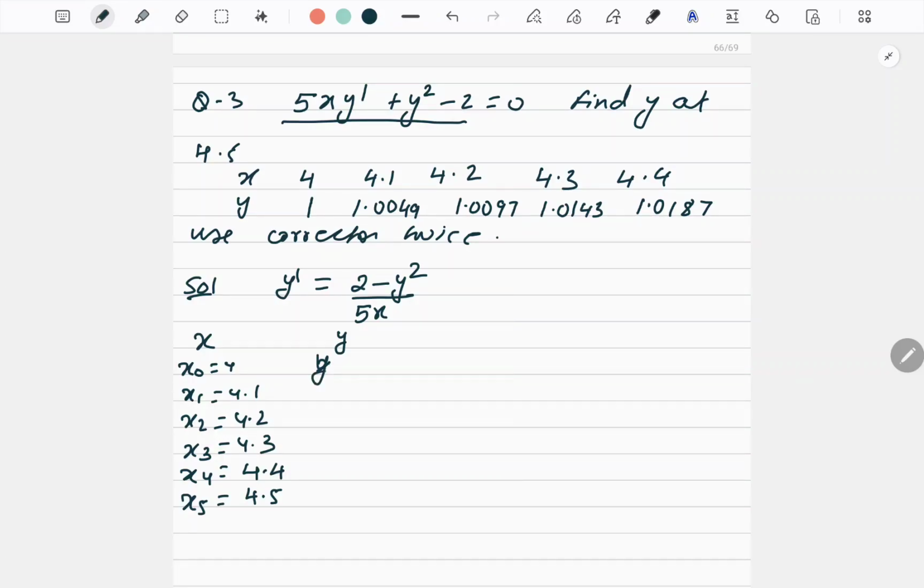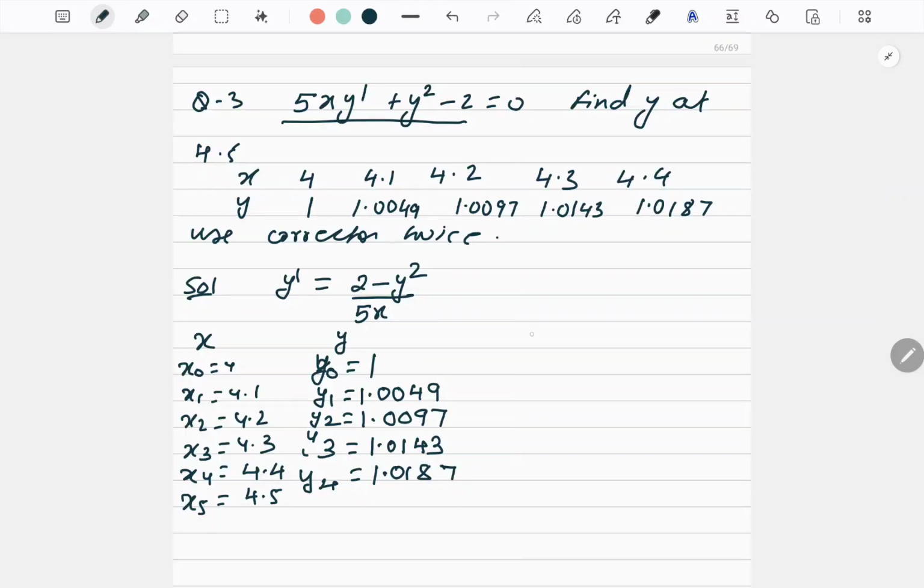Okay, so anyways we'll do, you see y0 is 1, y1 is 1.0049, y2 is equal to 1.0097, y3 is equal to 1.0143, y4 is equal to 1.0187.